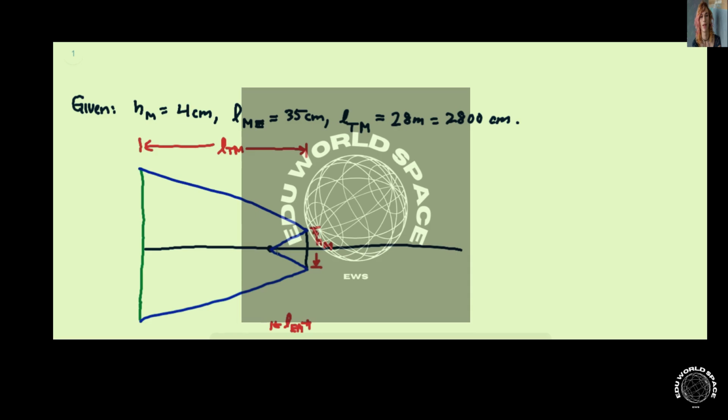from these reflected rays. And we know that for a plane mirror, the height of the tree and the height of the image formed are the same, and the distance of the image will be the same distance as the object of the tree, which is the tree from the mirror.